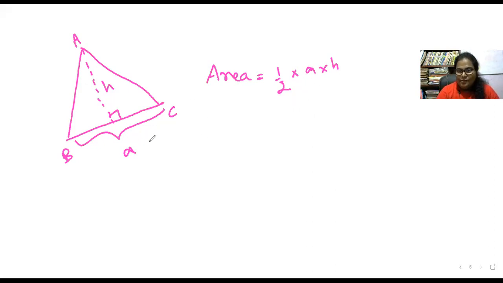Here I'm discussing the area of a triangle. This is one method we can use to get the area of a triangle.